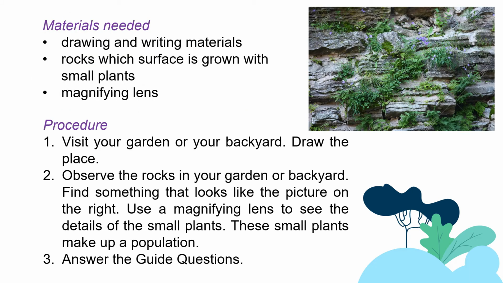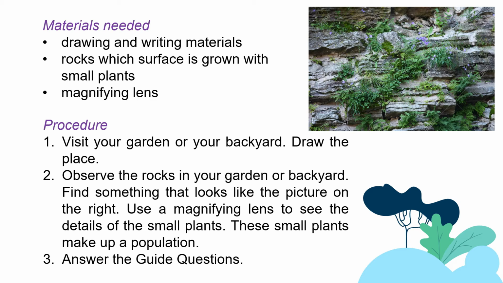The materials needed for this activity are drawing and writing materials, rocks which surface is grown with small plants, and magnifying lens. Procedure: 1. Visit your garden or your backyard and draw the place. 2.